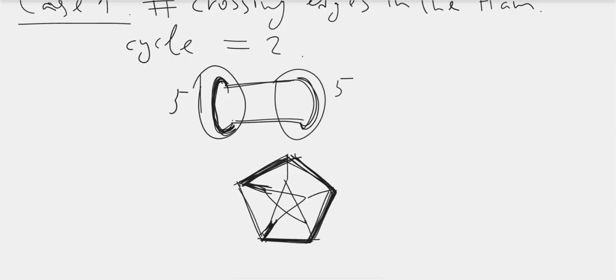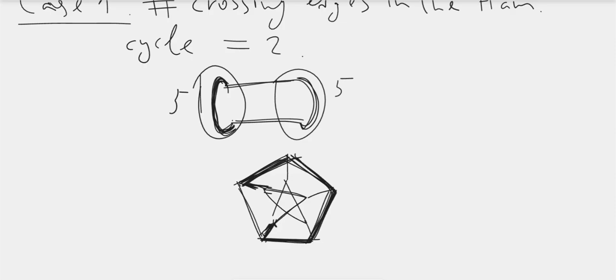of length 4 connecting these two vertices. From this vertex, there are only two possibilities where we can go. Either we go here and then here, so this is a path of length 2 only.